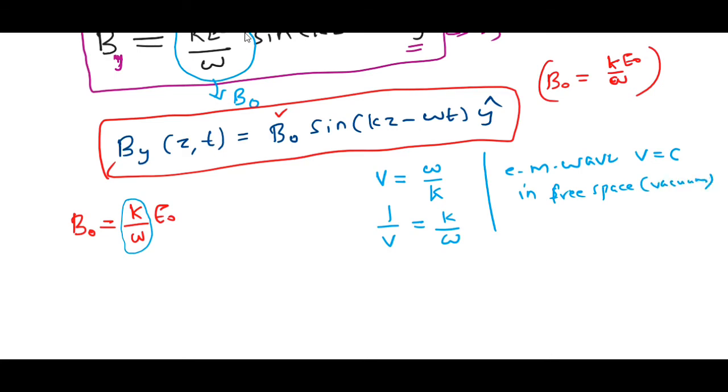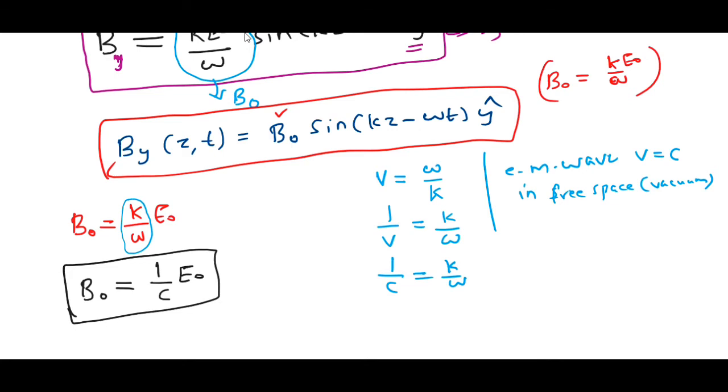Therefore, this can be written as 1 by c is equal to k by ω. Then I can rewrite this equation: B0, instead of k by ω, I substitute 1 by c into E0. It is nothing but E0 by c.